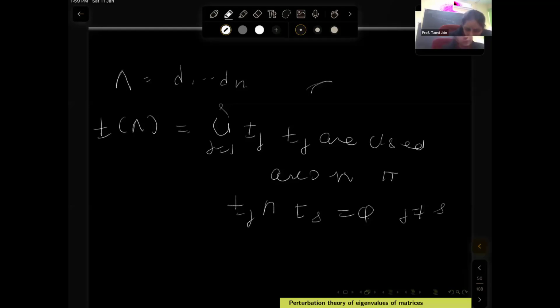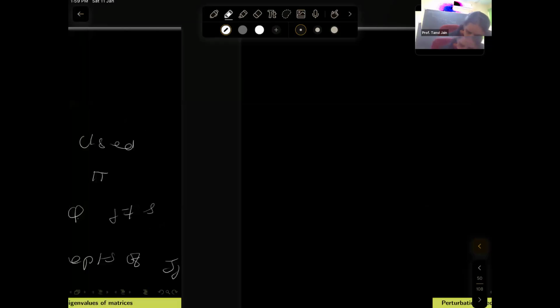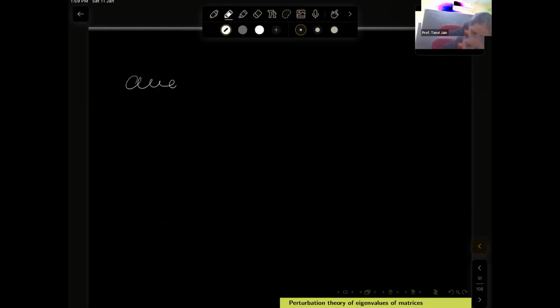Now, for Ij, I take Jj to be the arc such that the points of Jj are at a distance greater than or equal to epsilon from the boundary of Ij.